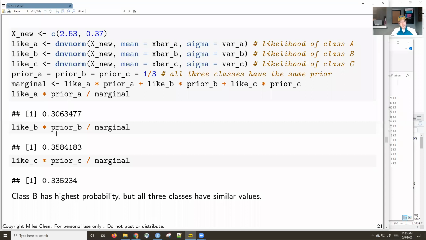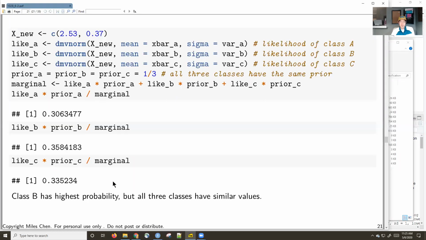Here we get something close to 30 to 36% for each one. I got around 31% for A, 36% for B, and 33.5% for C. Class B technically has the highest probability, but all three classes have similar values here.